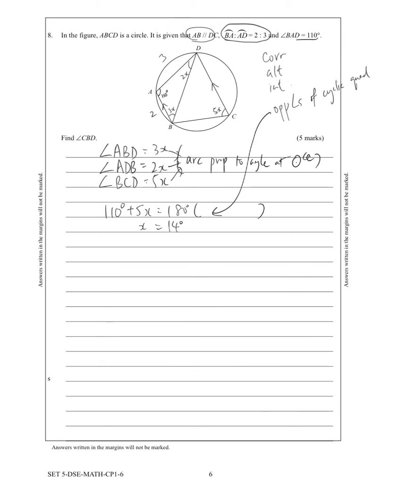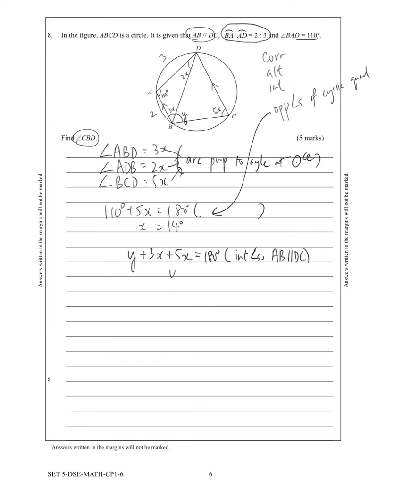With this piece of information, we are just finding CBD. CBD is this one here, so we are finding this angle y. Angle y plus 3x plus 5x is 180, because these are interior angles, and we are using a pair of parallel lines, AB parallel to DC.